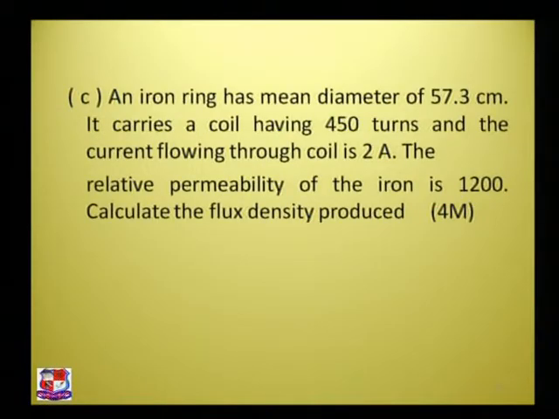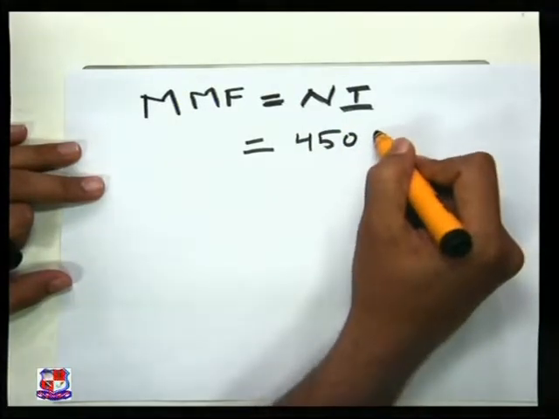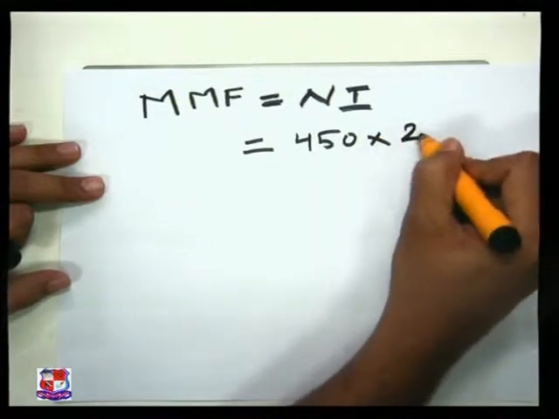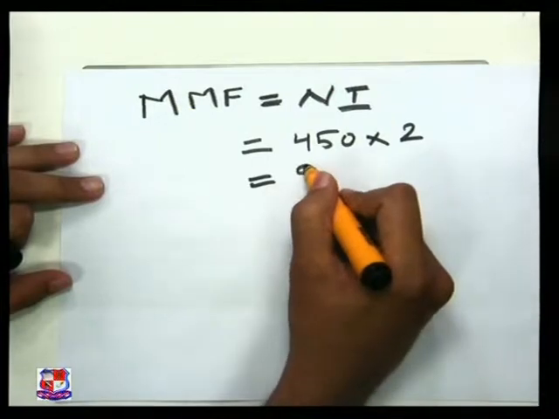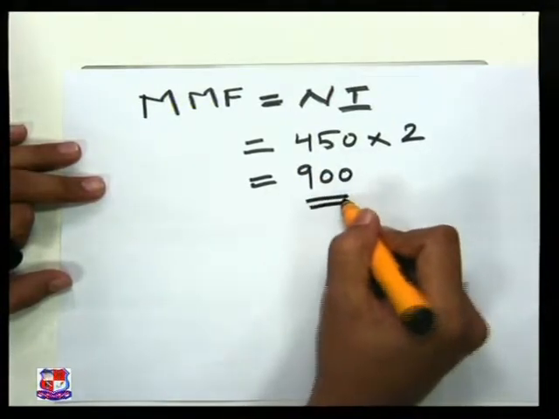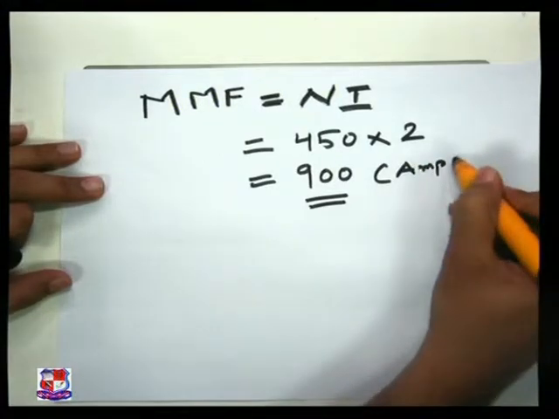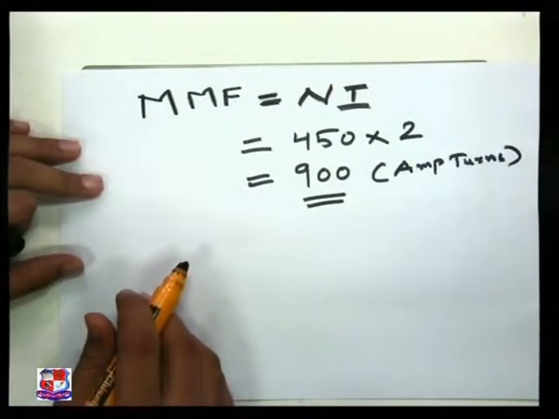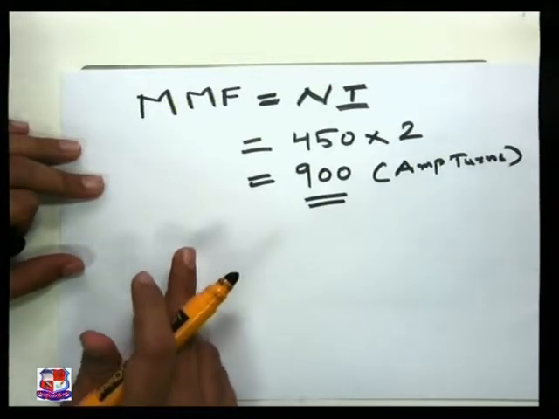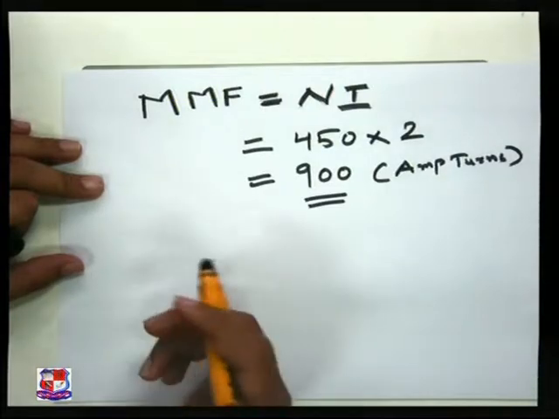Ni, already N is given to us, that is 450, into I, which is also given as 2 amperes, so total it will be 900 ampere turns, right? Ampere turns, because the unit of current is amperes, and normally N we give the dimension as turns, right? So ampere turns.